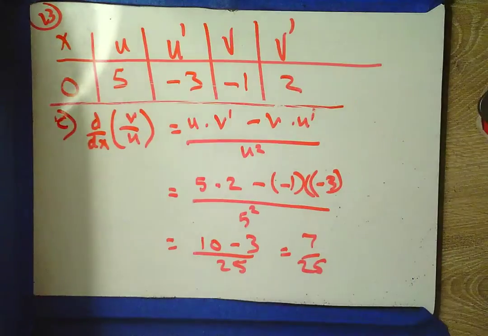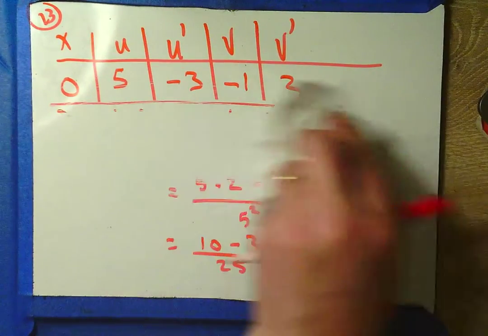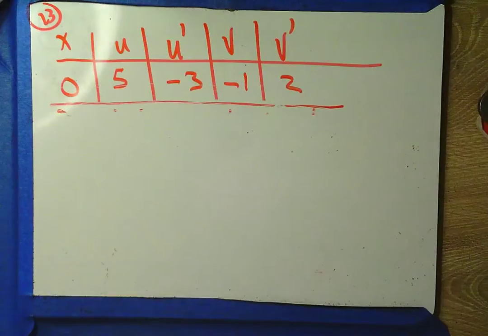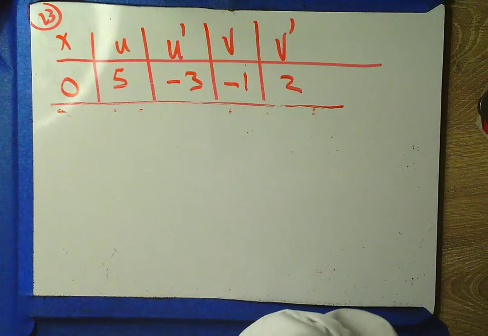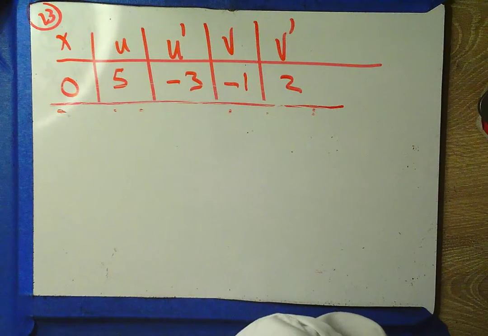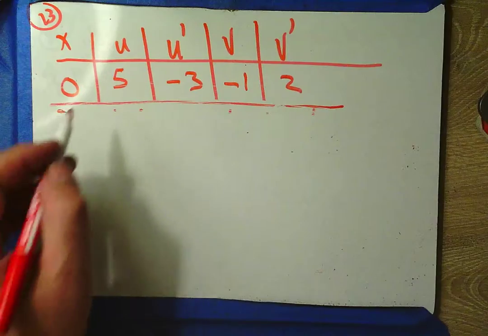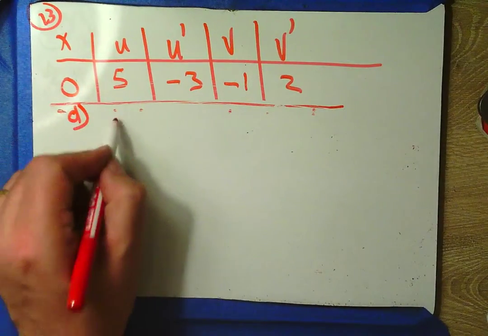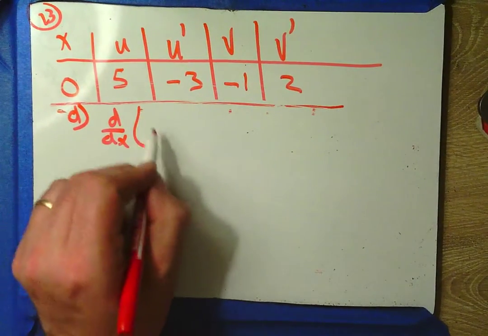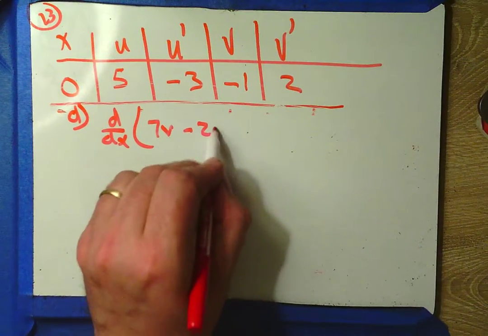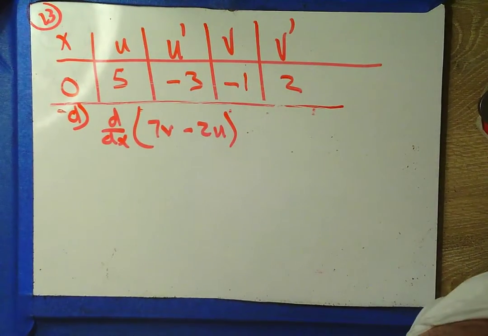And then finally part D. Part D asks us to consider 7v minus 2u. I think I wrote that down right. Yes.